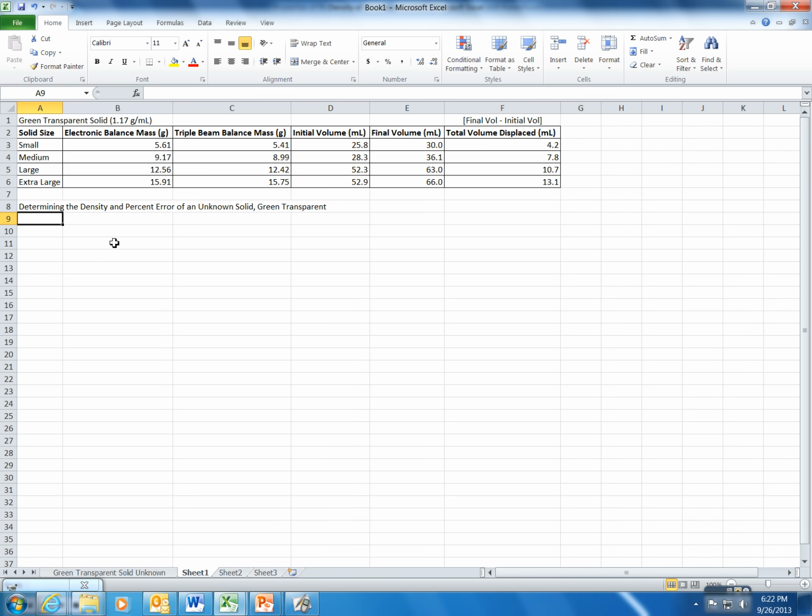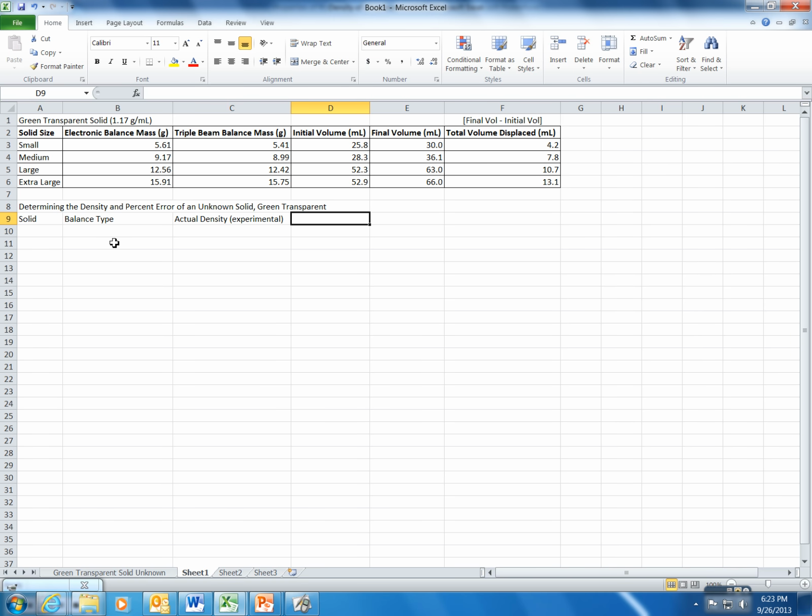So again, I'm going to put what solid I have. What is my solid? Next, I'm going to describe the type of balance that I'm using in order to determine the density, because that was the difference between those two lines, the way that we determined the mass. So I'm going to say balance type, and then this is the actual density, or also known as the experimental.